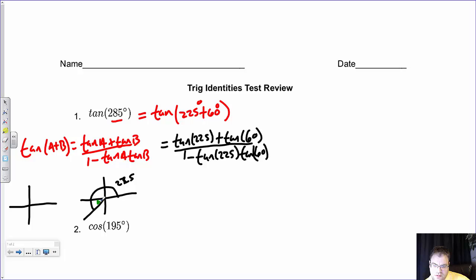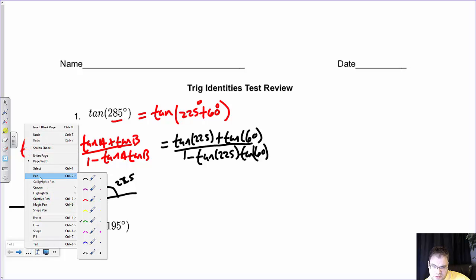So this reference angle, in other words, is a 45-degree angle. So I now know that these two sides have to be negative root 2 over 2 and negative root 2 over 2. Okay, and 60 degrees is right here, and those sides will be root 3 over 2 and a half, respectively, from the unit circle.